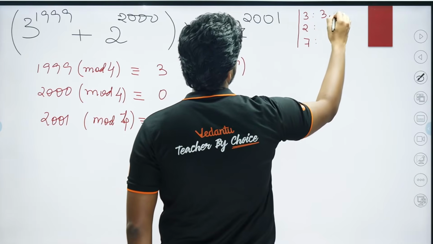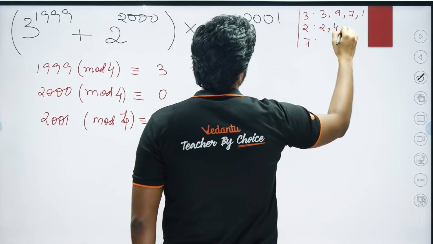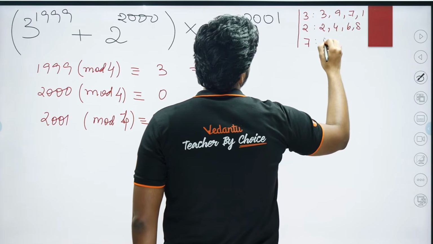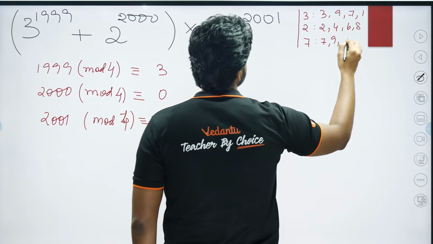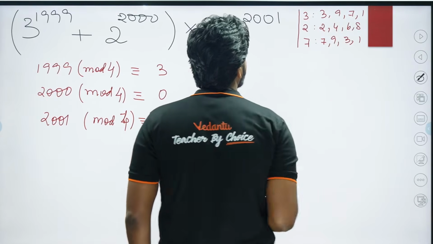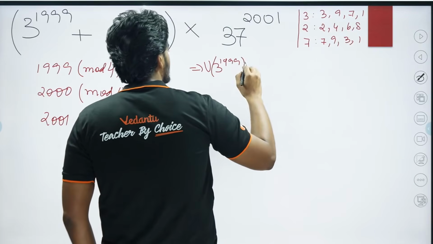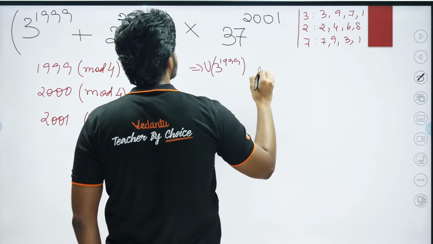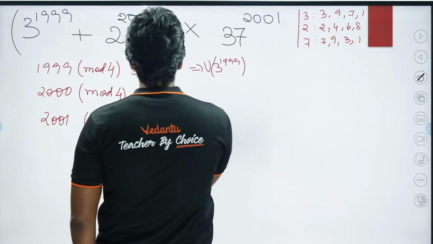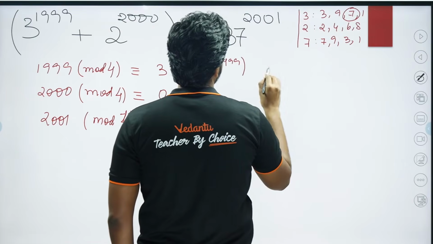So 3, 9, 7, 1, 2, 4, 6, 8, 7, 9, 3, 1. So we simply have unit digit of 1999 is for 3 is 3 mod. So we choose this for that.